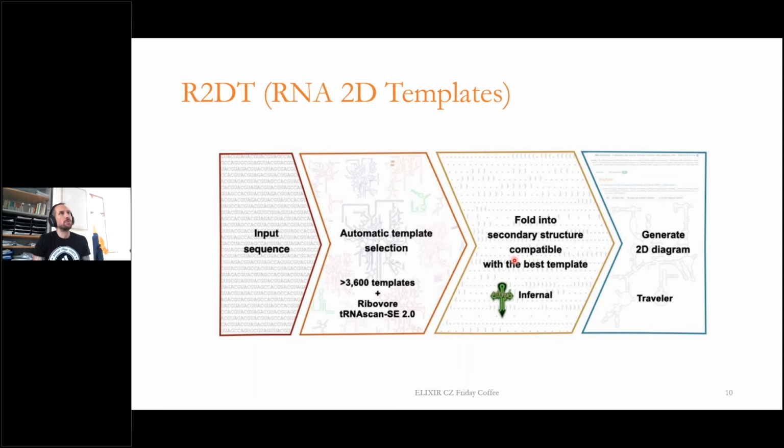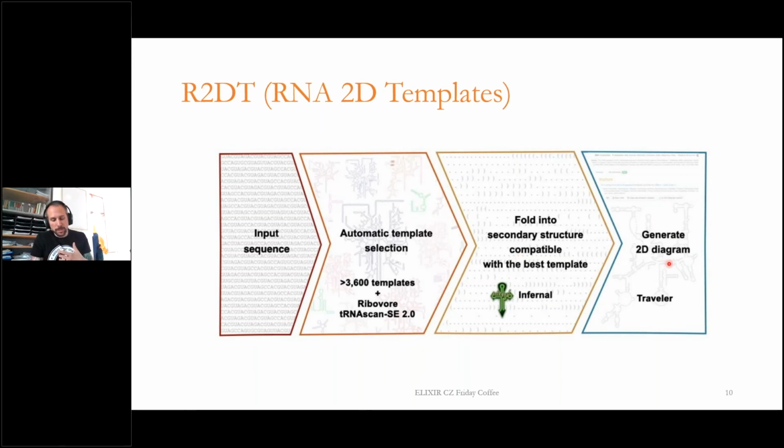But if you do not see a base pair, that might mean that it was just not added there, because R2DT does not make any effort to add base pairs which it does not see in the template, right? So that is work to be done.